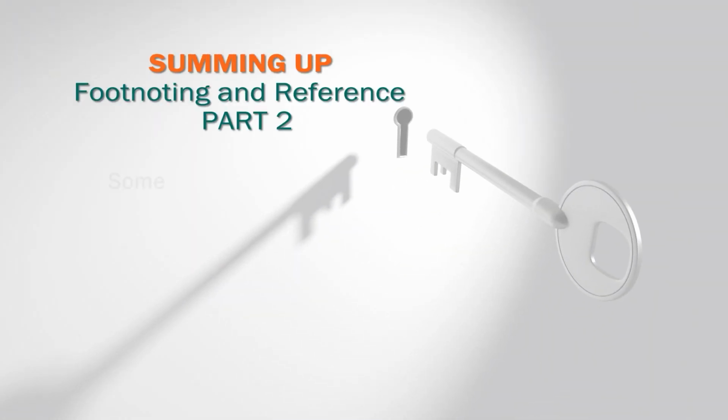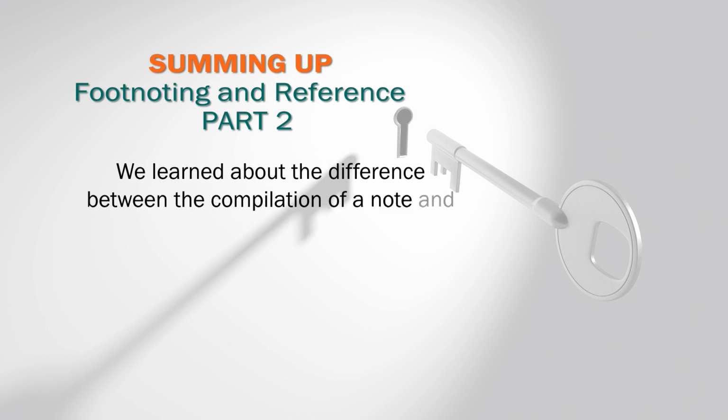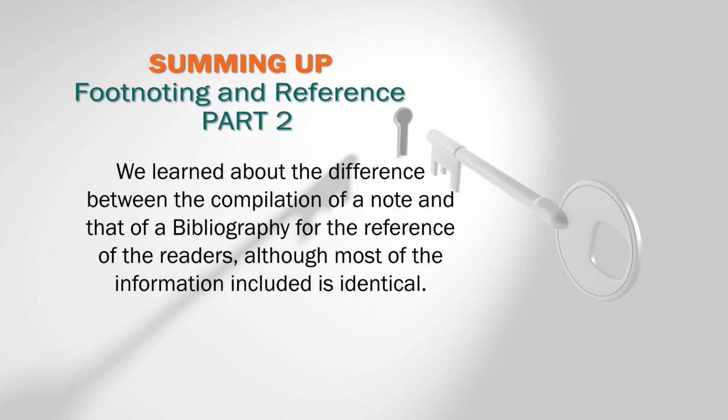So let us look at what we have learned in this lecture on a very important aspect of academic writing. Good, correct, and accurate referencing is an integral part of writing activity. We learned about the difference between the compilation of a note and the preparation of a bibliography for the reference of the readers, although most of the information included in the two is identical.